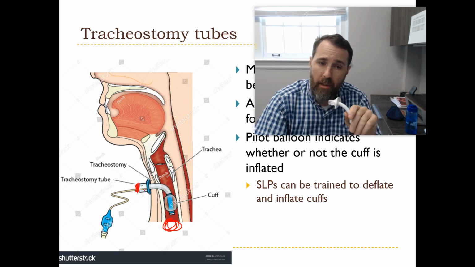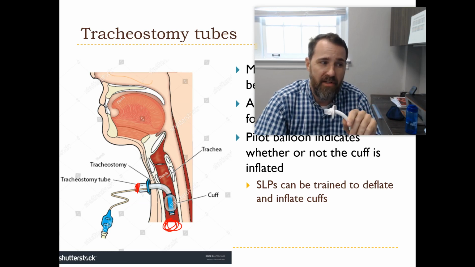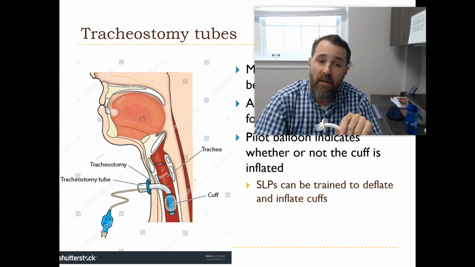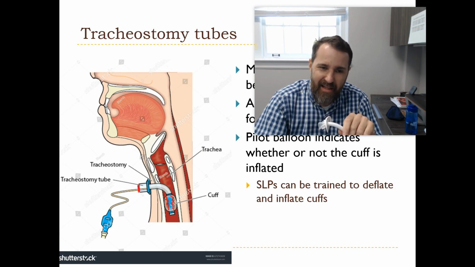So he would die pretty promptly. You would be sealing off his airway. Now let's say you deflate the cuff. So here's our deflated cuff. And then you capped the tracheostomy tube.